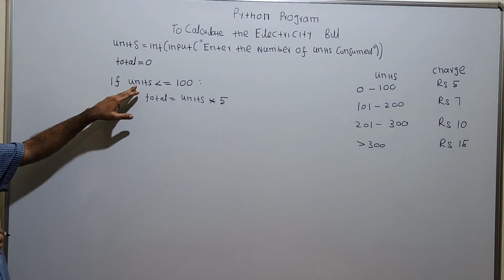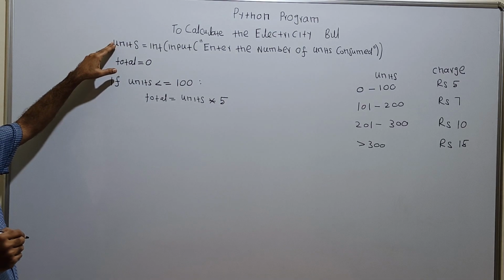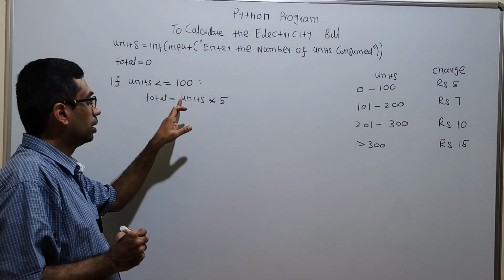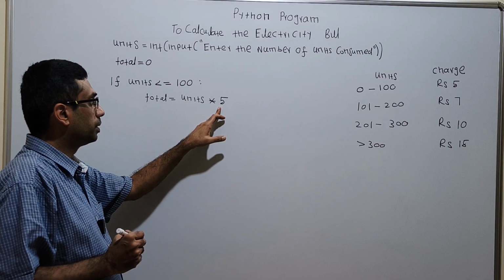If this condition is true, if the number of units consumed entered by the user is less than or equal to 100, then total equal to units into 5.